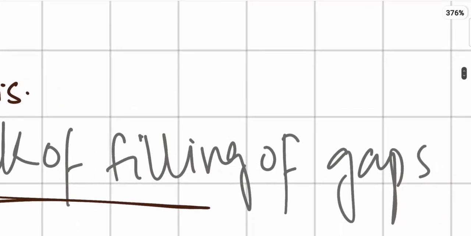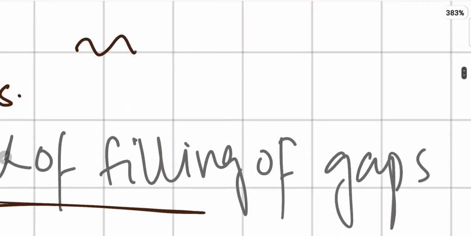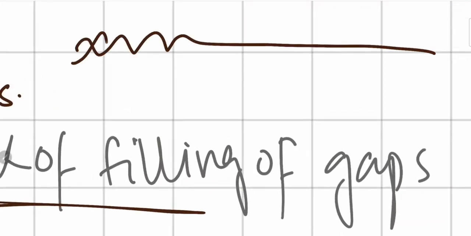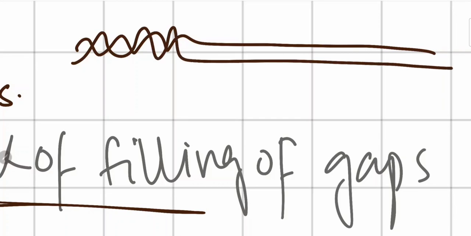We have this long strand of DNA, and it is replicating in this direction. After replication, we have DNA repair.